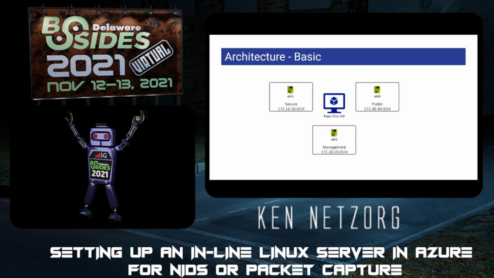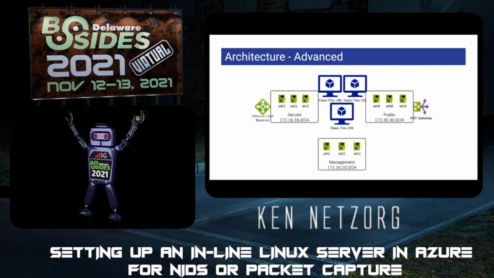So first, the architecture. What I will introduce today is going to be a simplistic virtual machine with 3 network interface cards: one in the secure environment, basically your internal; one on the public side attached to a public IP address for the outbound; and then a management IP on that side. So we would have a network traffic pattern looking like this to the outside world from the inside world.